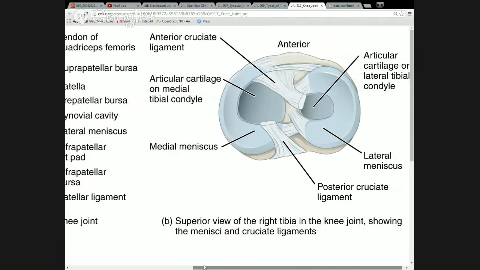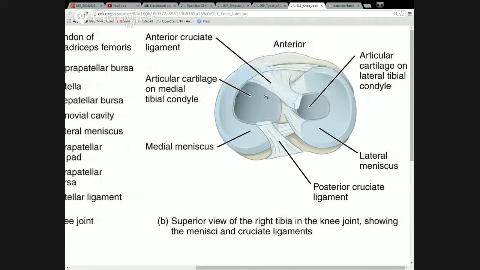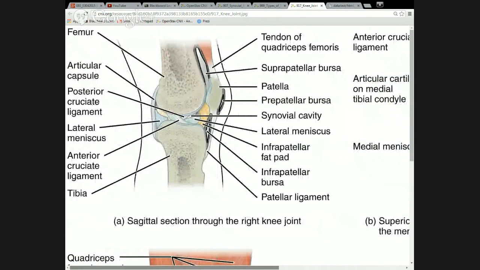The other thing I want to point out, we can actually see in this picture here, and I'm going to go back to the previous picture to point it out there, are these ligaments, which are called cruciate ligaments. There's an anterior cruciate ligament and a posterior cruciate ligament. And if we look over here, they point out the anterior cruciate ligament crossing over there. And then the posterior cruciate ligament, that we can see a little bit of.